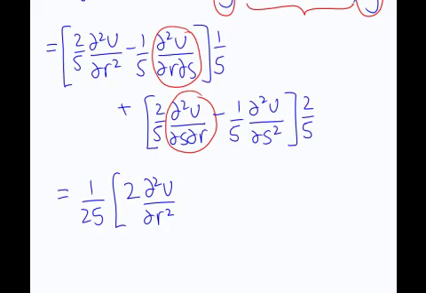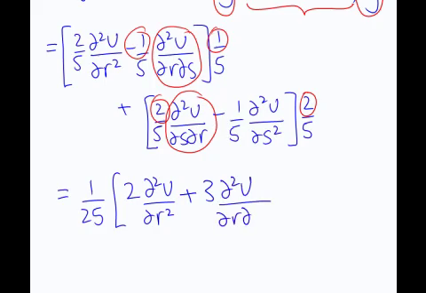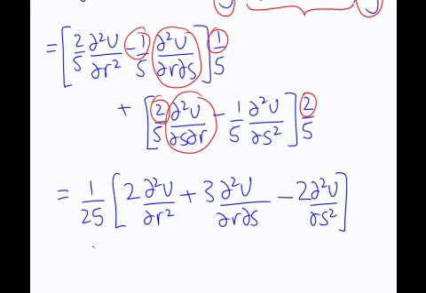From the top line I have minus 1 times 1, so I've got minus 1 of them. On the bottom line, I've got 2 times 2, so I've got 4 of them. So in total, I have 3 of them. And then at the end, I've got minus 2 of the second derivative with respect to s. And that is my final solution.